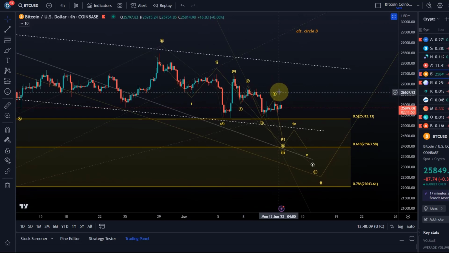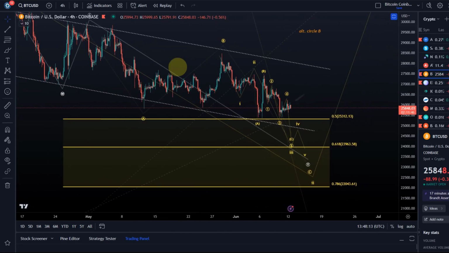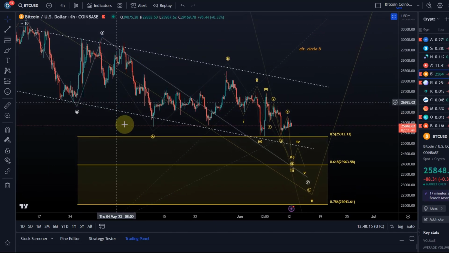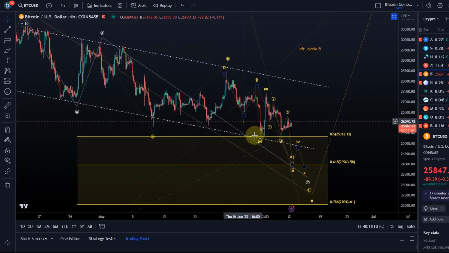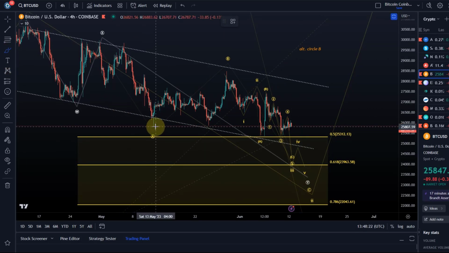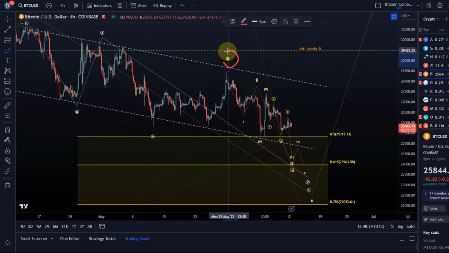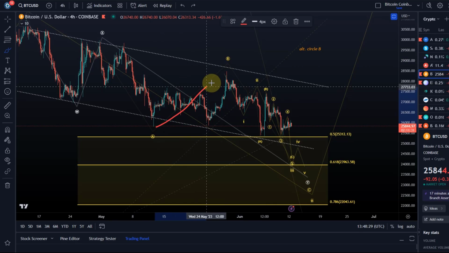What would happen if price now breaks above 26,820? Well, I thought about, is this unfolding in some kind of a triangle? That's another possibility. So basically that this B wave is a triangle, and that would be an A wave of the triangle.